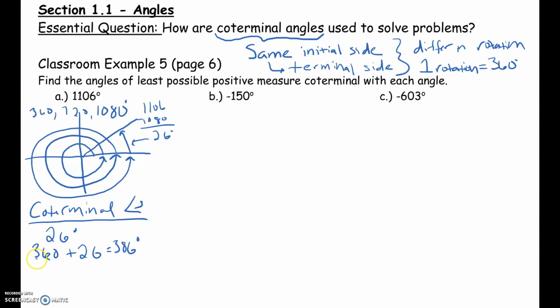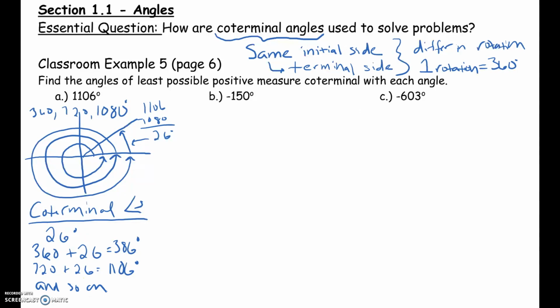The next one would be two rotations, so 720 plus 26, that would be 1106, which is what we started with. I could keep adding these multiples of 360 forever, and I would come up with more and more coterminal angles.